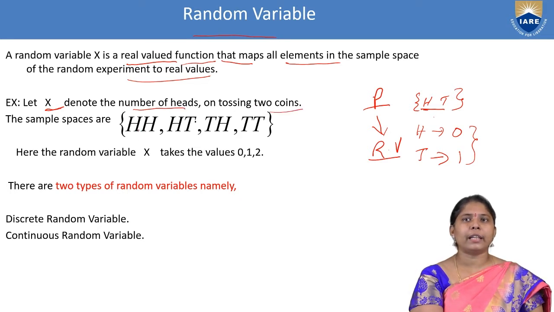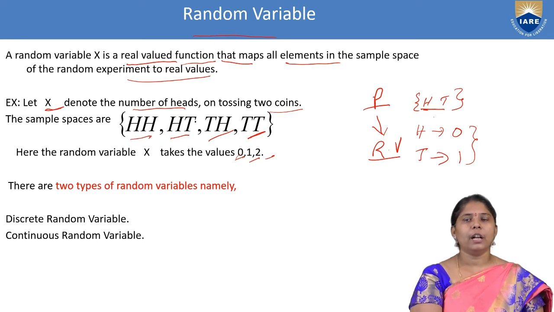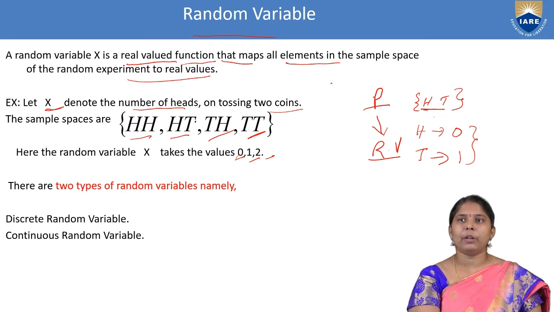In the first event there are 2 heads, in the second event only one head, in the third one head, and in the fourth event no heads. So X can take the values 0, 1 and 2. 0 represents 0 heads, with possibility T, T. 1 represents 1 head, with possibilities head, tail and tail, head. And 2 represents 2 heads, with possibility H, H. So this is the random variable introduction.